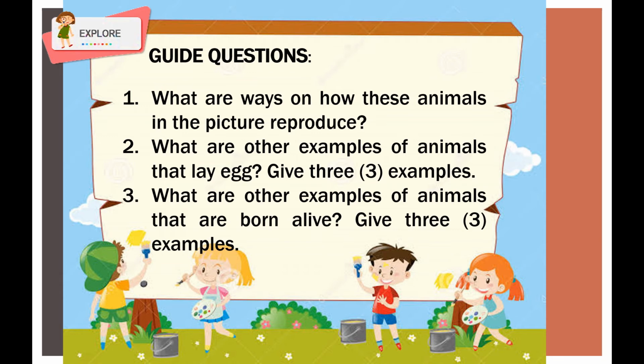Number 1, what are ways on how these animals in the picture reproduce? Number 2, what are other examples of animals that lay egg? Give 3 examples. Number 3, what are other examples of animals that are born alive? Give 3 examples.